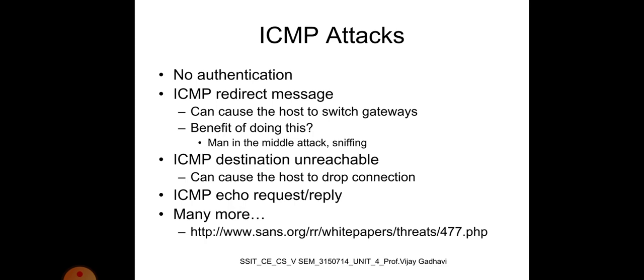The benefit of doing this is man-in-the-middle attack and sniffing. ICMP destination unreachable can cause the host to drop the connection. There are ICMP echo request and reply, and many more attacks present in current systems.